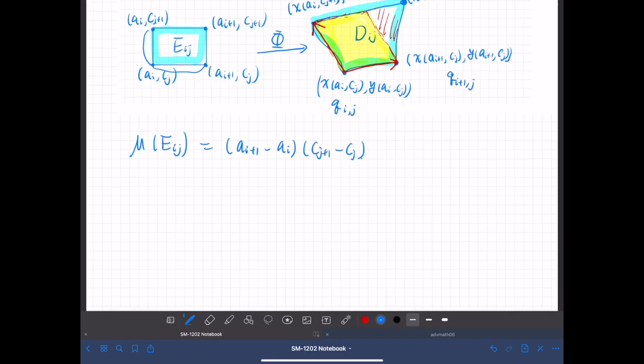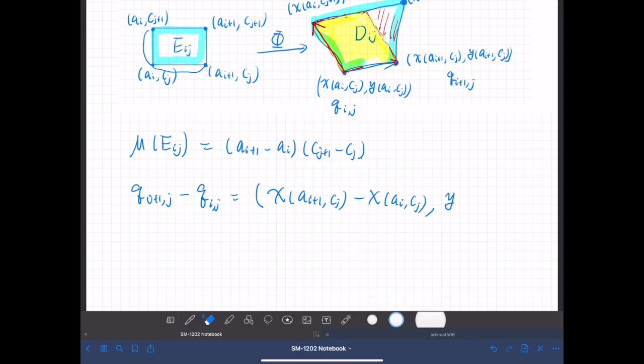So then we have this vector qi plus 1 j minus qij is x(ai plus 1, cj) minus x(ai, cj) and y(ai plus 1, cj) minus y(ai, cj). So that's the first vector.